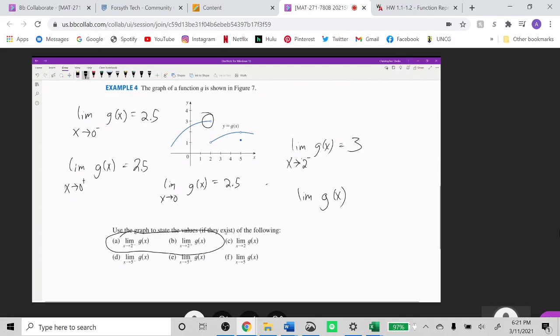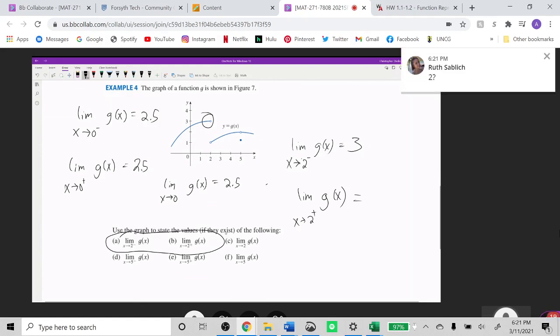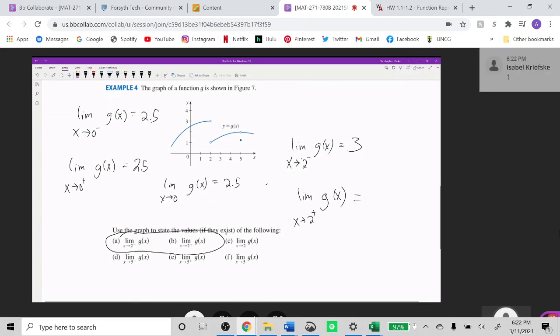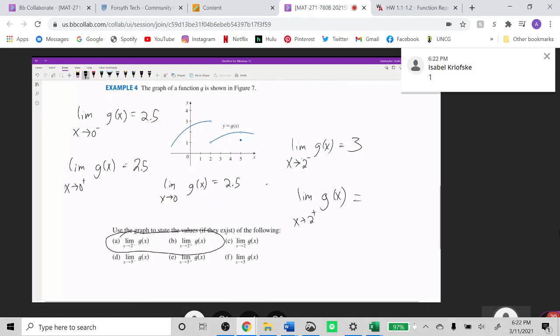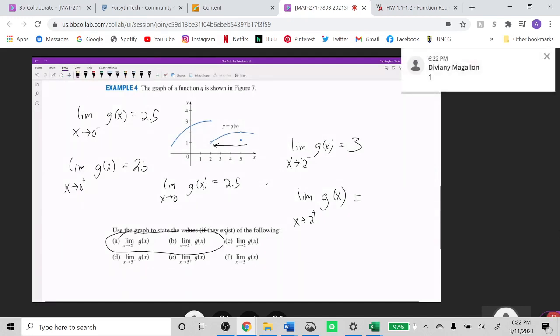What's the limit of g of x as x approaches 2 from the right? As my x values are getting close to 2 from the right, what's happening to my y values? What are they getting close to? They're getting close to 1.